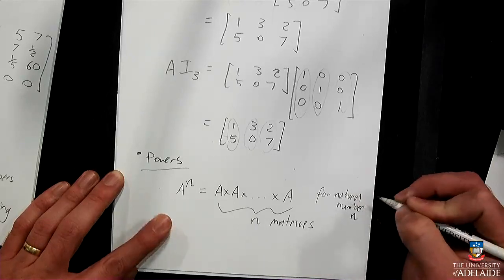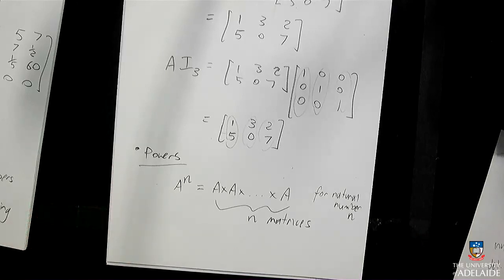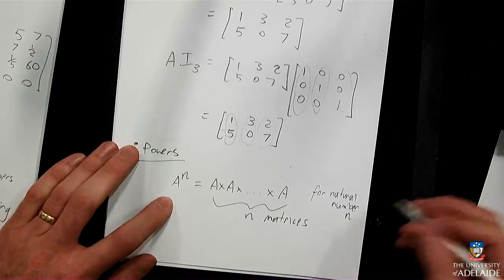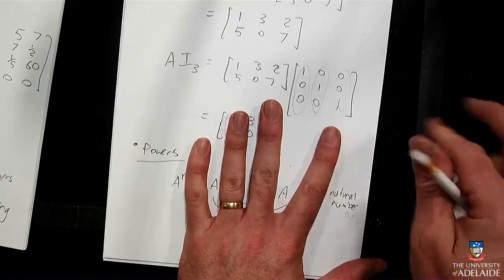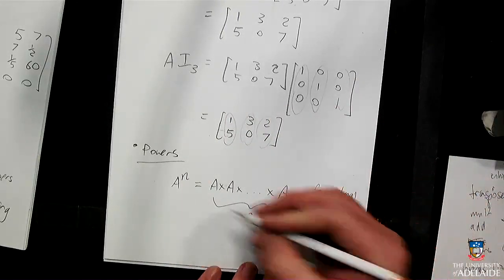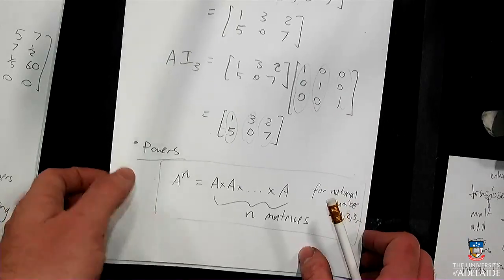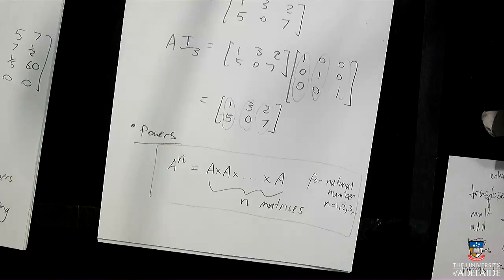And when I say natural number, I mean n equals 1, 2, 3, 4, etc. So I'm just actually going to pop that in properly. n equals 1, 2, 3, etc. And that's what it actually means to do that. So A squared is A times A, and A cubed is A times A times A, and that's all fine.